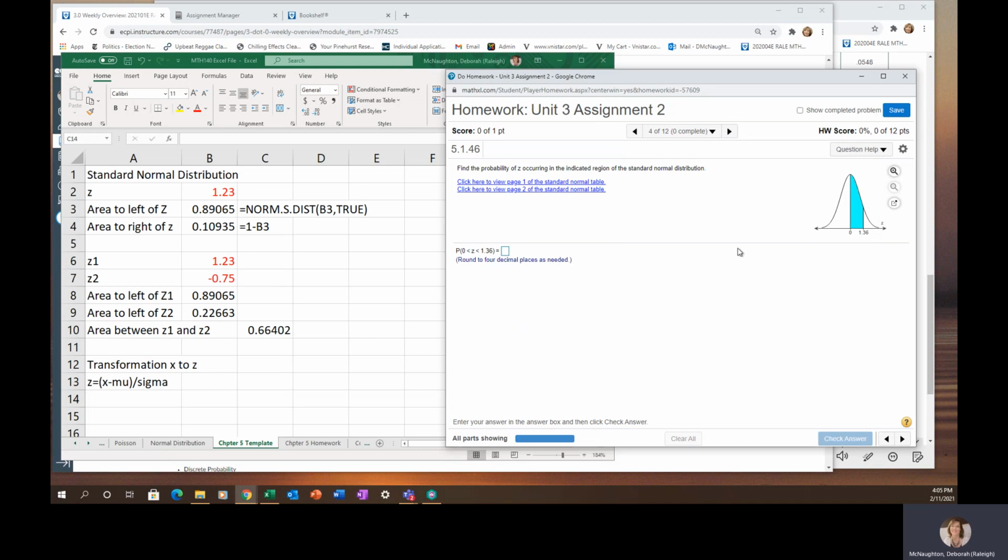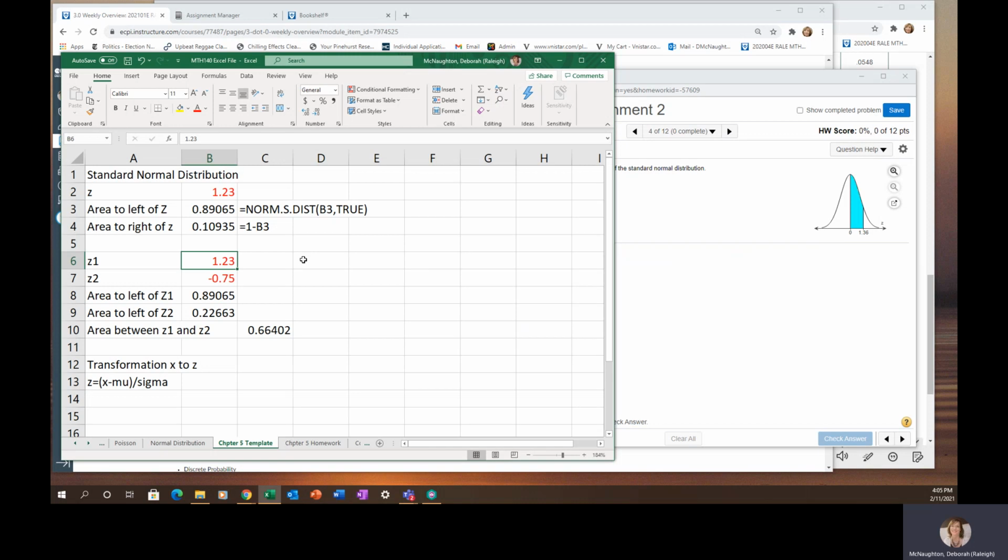They're asking us for the area between two values. And notice I have the larger one first, so I just want to put them in the same order, 1.36 and 0. If I switch the order, it'll just give me a negative answer. Now it calculated the area to the left of this. The area to the left of this is 0.5.